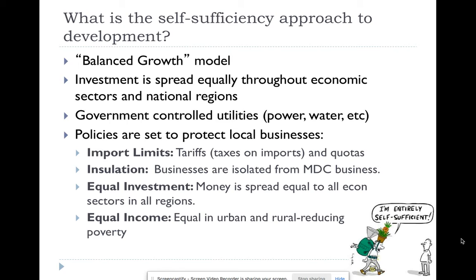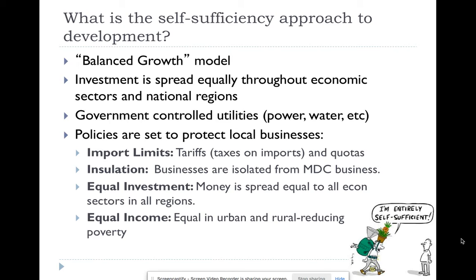They'll do something called insulation, where businesses are basically isolated from the more developed countries' businesses. All right, so they don't allow a lot of international business to happen in their country. They'll give equal investment, which means, again, like we said before, they'll spread money out equally across the entire country, and so all economic sectors, the entire country, is equally divided up.